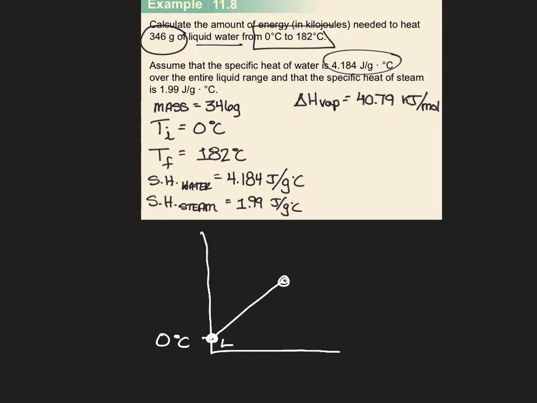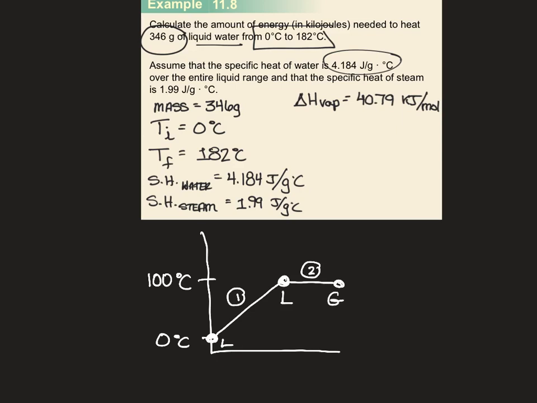So the first thing is I'm going to heat it up to 100 degrees Celsius, where it will boil. It's still a liquid, though, at 100 degrees Celsius. And this is step 1, heating up the water. Step 2 is where I'm going to change it from a liquid to a gas.